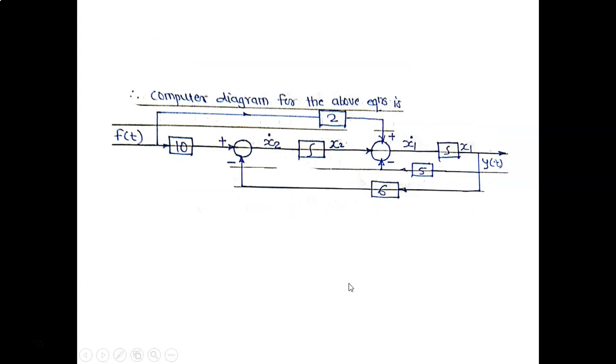Therefore x1 dot is equal to minus 5x1, means again from this takeoff point we have to give transfer function 5, its sign is negative, therefore minus 5x1, plus x2 is already there, the x2 signal, and plus 2f(t). From this f(t) we have to take off a signal, multiply it by 2, and feed it to this summing point. Therefore x1 dot is equal to 2f(t) minus 5x1 plus x2. Therefore this is nothing but the computer diagram.